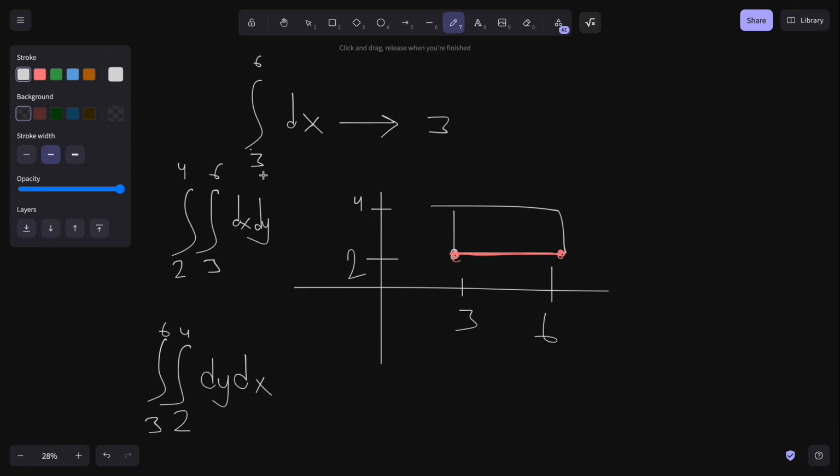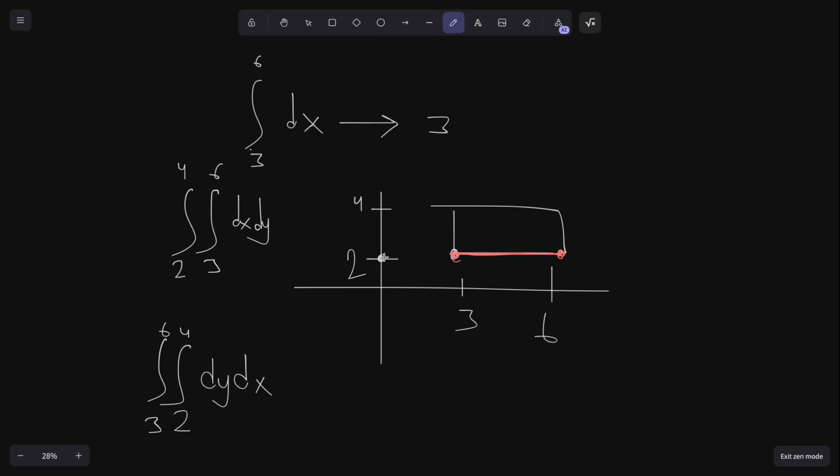And then you're basically saying, okay, you've done it for this y value, well then do it again for the next y value. Find the length of the next section. Do it again for the next y value. Move another dy up. Do it for this section, this section, this section, and so on. And when you do this integral infinitely many times from 2 to 4, capturing all this area, this is going to give you the area of this rectangular region.